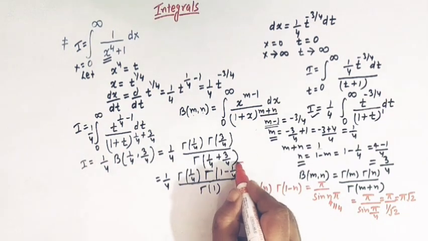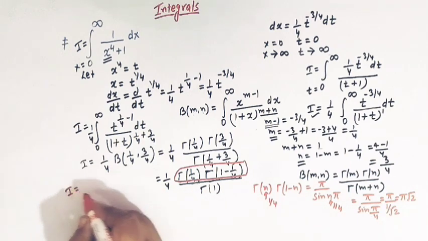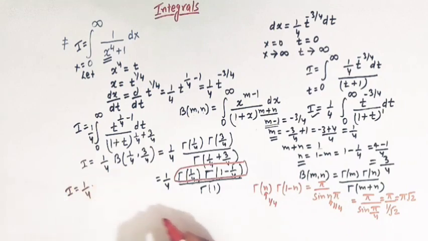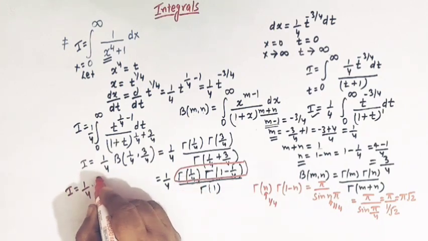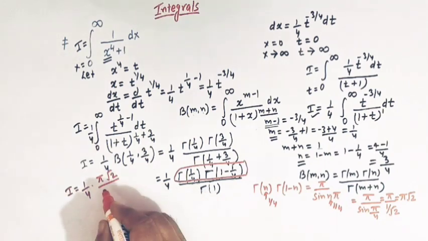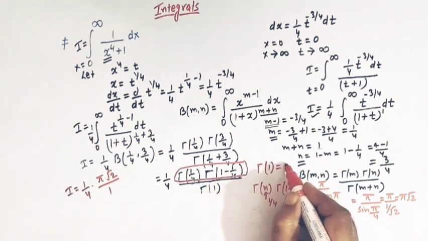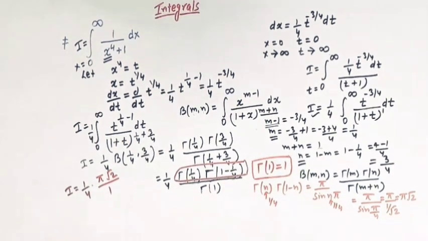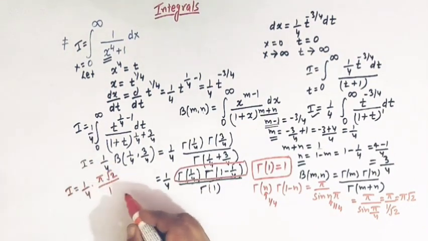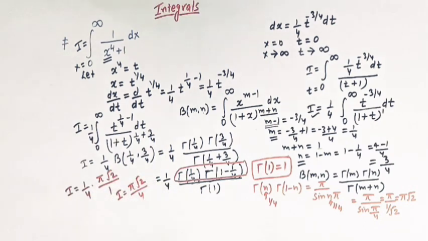So now this term is equal to pi root 2, right? So we have I is equal to 1 over 4, and here we have pi root 2, and gamma of 1 is equal to 1, right? Because we know that gamma of 1 is equal to 1, right? So the value of this integral I is given by pi root 2 divided by 4, right?